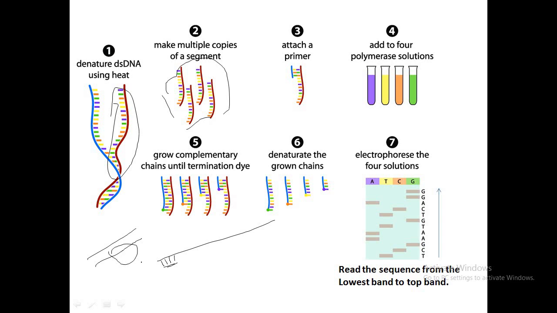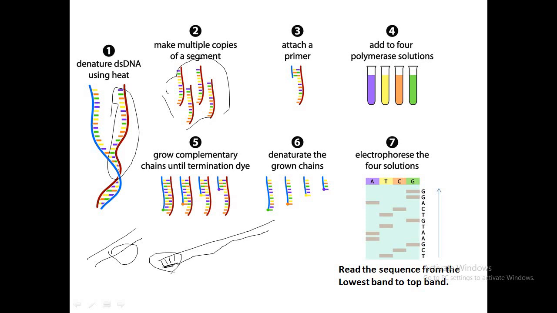So in order to identify the sequence of any particular region, you have to design the primer accordingly. Once you have designed the primer, it will bind to that particular region of DNA whose sequence you want to know, and it will start the replication.